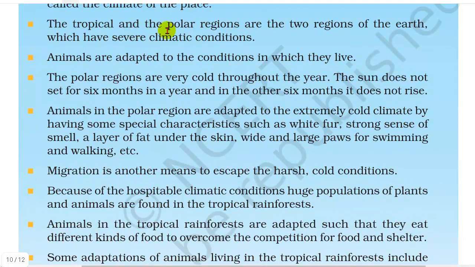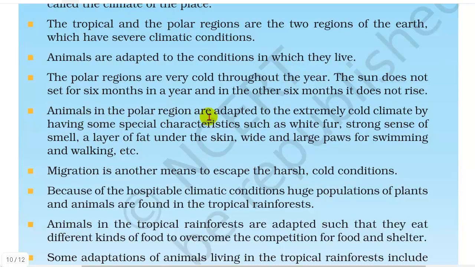The tropical and the polar regions are the two regions of the Earth which have severe climatic conditions. Animals are adapted to the conditions in which they live. The polar regions are very cold throughout the year. The sun does not set for 6 months in a year, and in the other 6 months it does not rise.